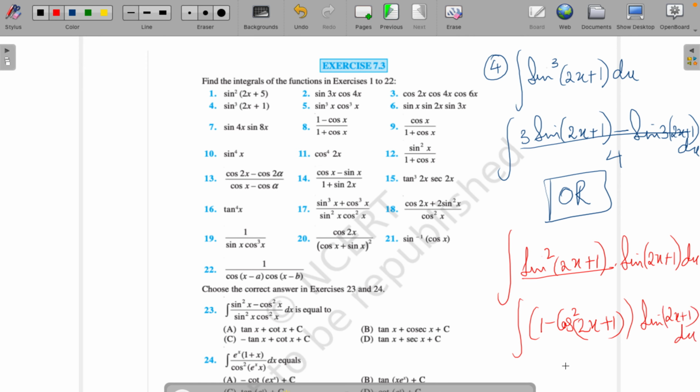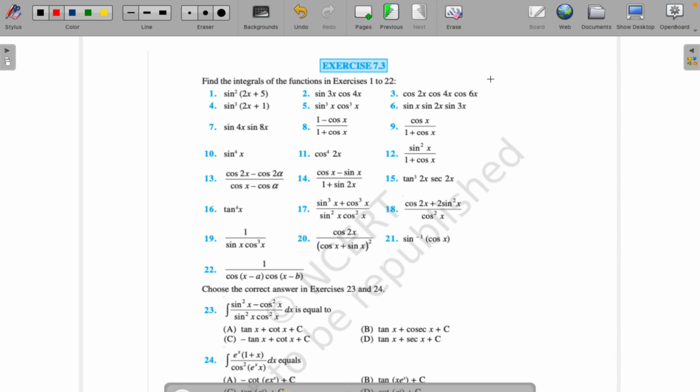Now you can put cos x equals t and you will get this as dt, right? So this is one more way to do it. We can use the substitution method also. That is the last video which I referred to. Substitution method.